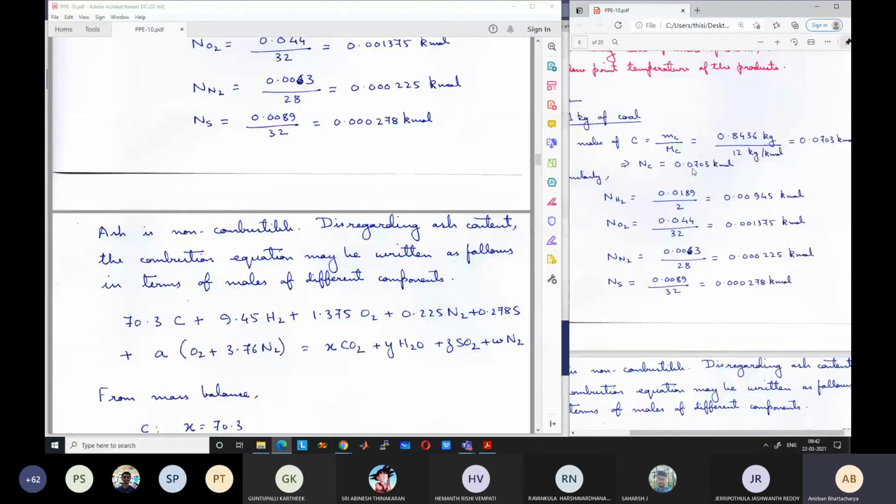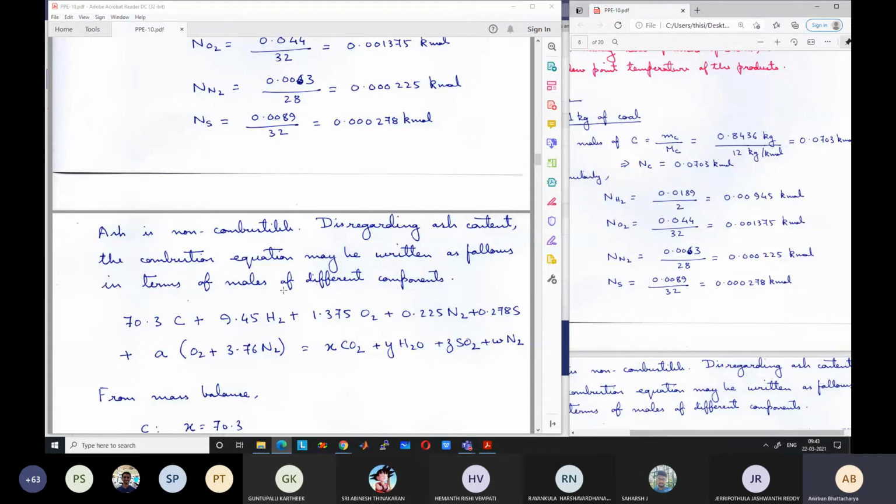If you write in terms of moles, we have 70.3 moles of carbon, plus 9.45 moles of hydrogen, plus 1.375 moles of oxygen, plus 0.225 moles of nitrogen, plus 0.278 moles of sulfur.